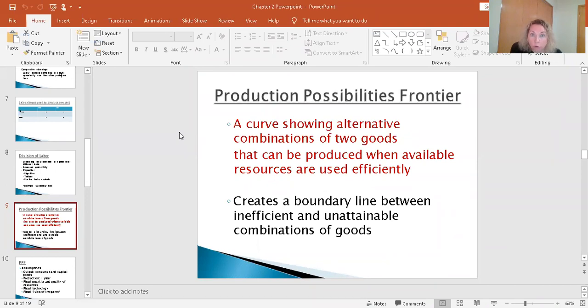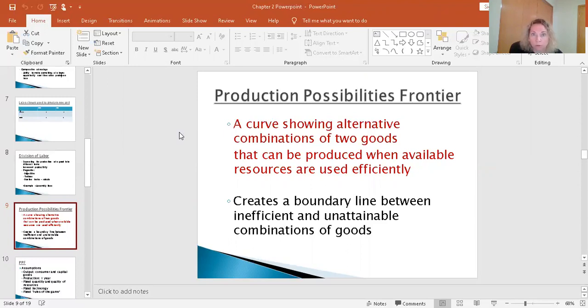It is a graphical representation, on a graph, of all the goods and services that an individual country, region, etc., can produce using the current pool of resources that they have.